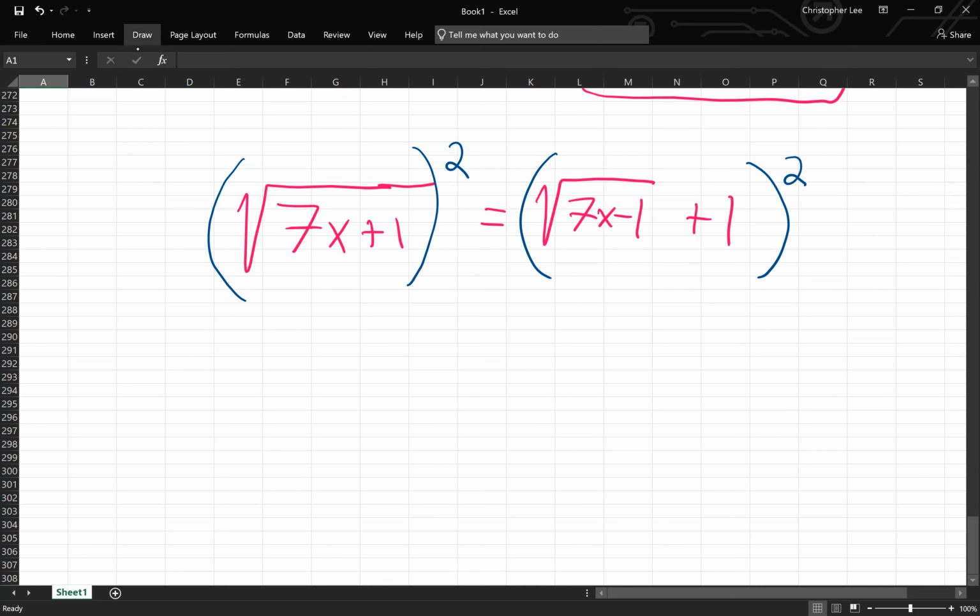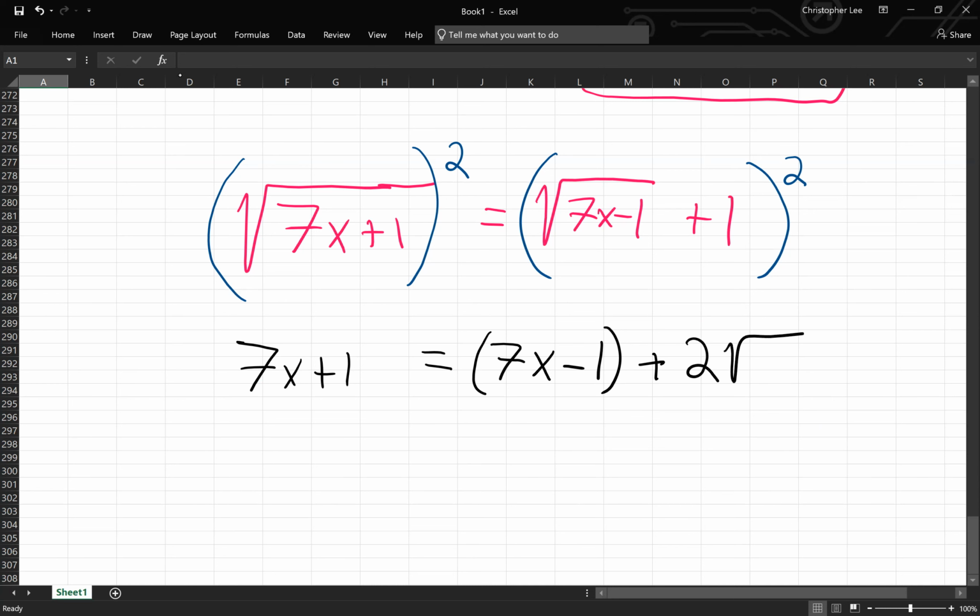I'm going to have 7x plus 1 is equal to, I'm squaring this, this is going to be 7x minus 1, plus 2 square root 7x minus 1, plus 1.